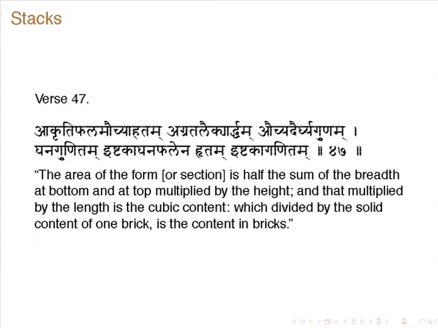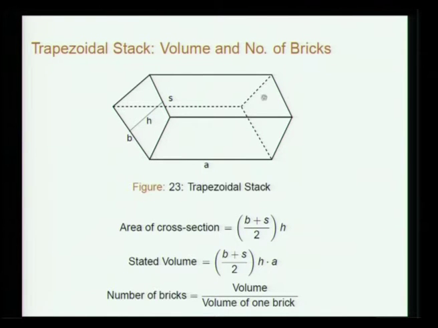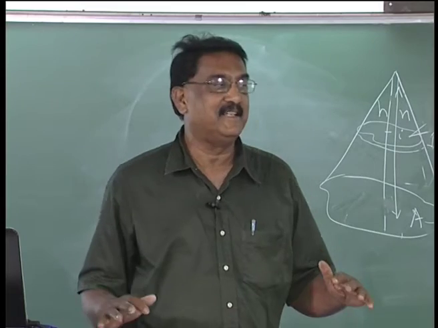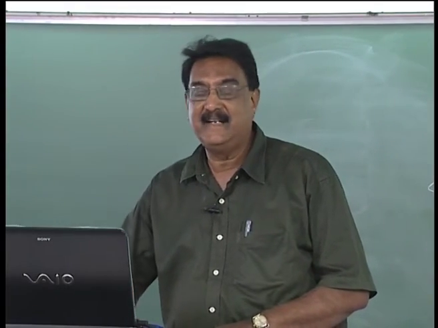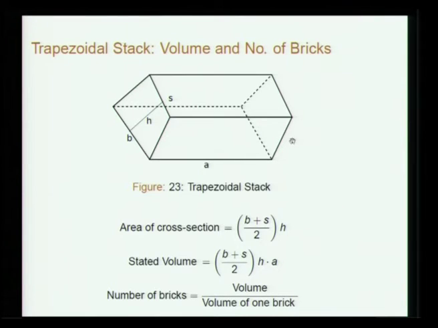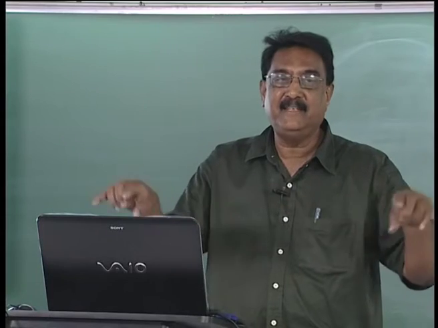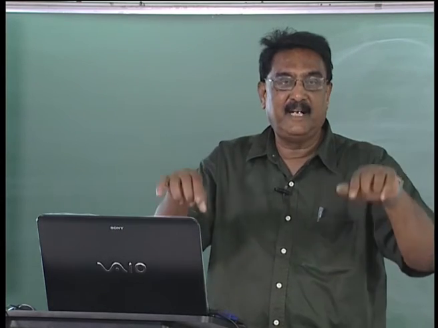So, what he is essentially referring to is a situation like this. There is a trapezoidal cross section. The base is B, the summit is S, the height is H and the length is A. It is called a trapezoidal stack, which is constructed out of bricks. In that case the area of cross section is (B plus S) by 2 into H. Remember the previous lecture, which dwelt upon it at length: the trapezium, base plus summit divided by 2 into the height.